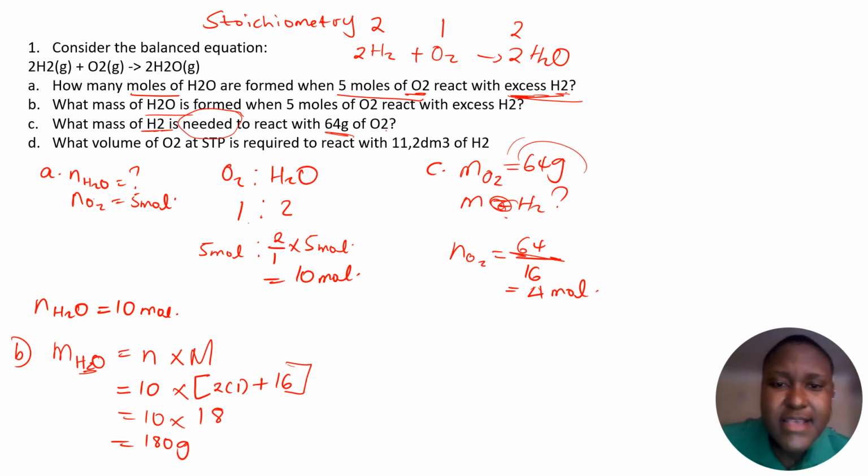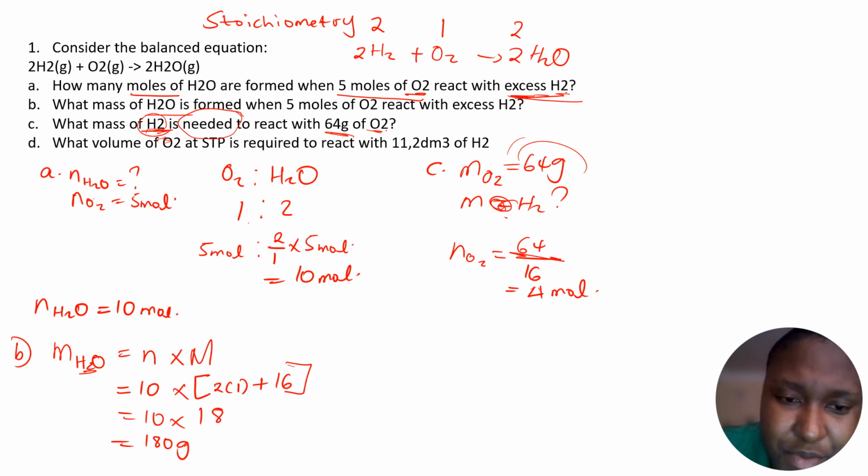And then the next thing you're going to do, you then compare the number of moles of oxygen to the number of moles of hydrogen. Remember, you want the mass of hydrogen, right? So you're going to compare the mole ratios of hydrogen and that of oxygen to get the number of moles of hydrogen and therefore get the mass of hydrogen.